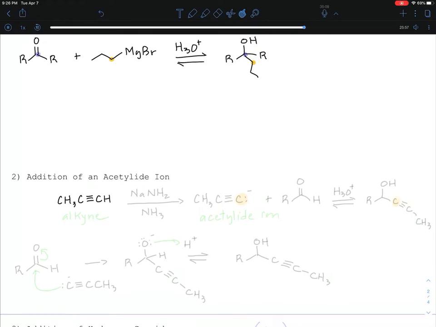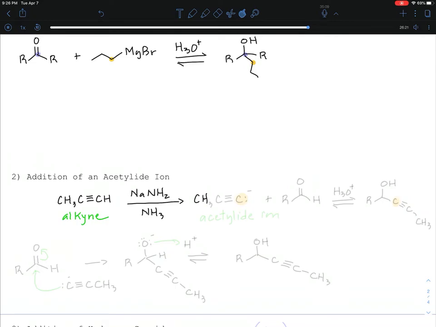So there's my alkyne. And I'm going to use a nice strong base, like sodium amide and ammonia.